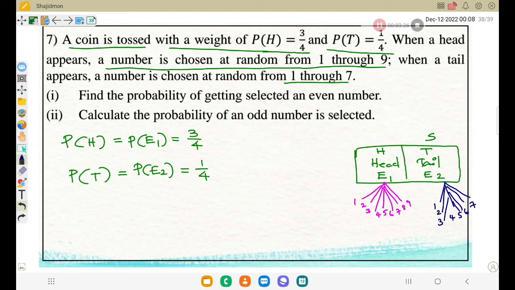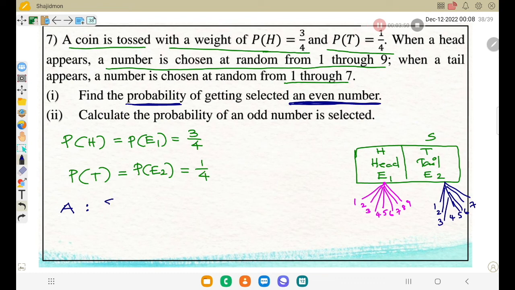Now find the probability. First question, find the probability of getting selected an even number. Two questions are there, separate questions. We need to calculate the probability of getting selected an even number, okay? So here A means getting an even number, correct?